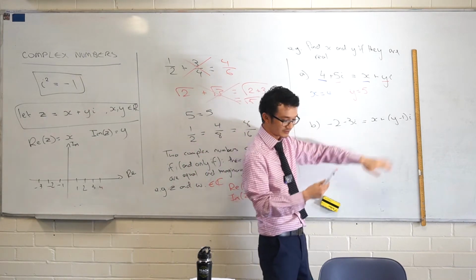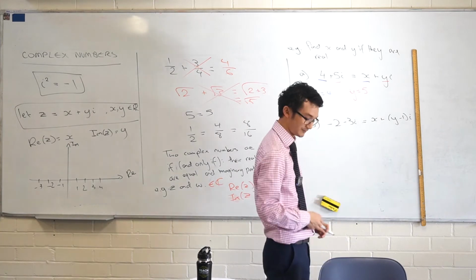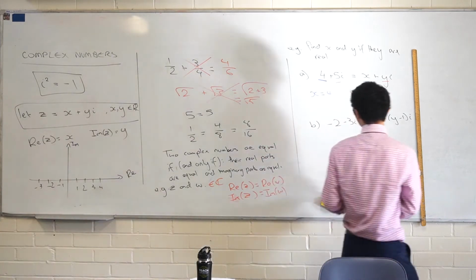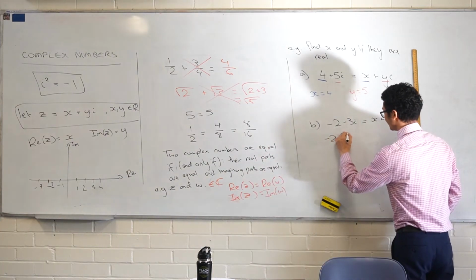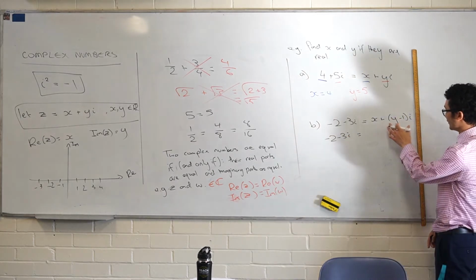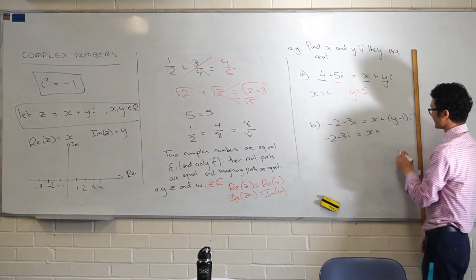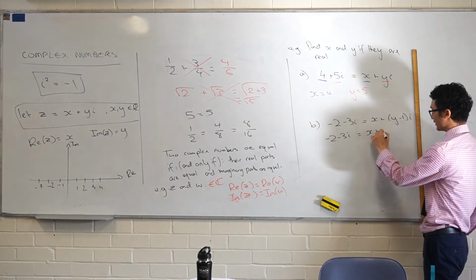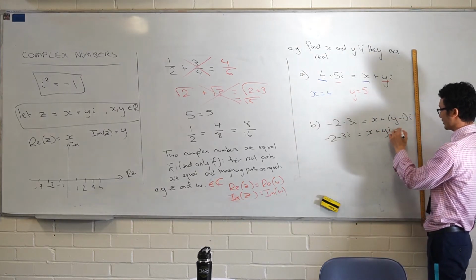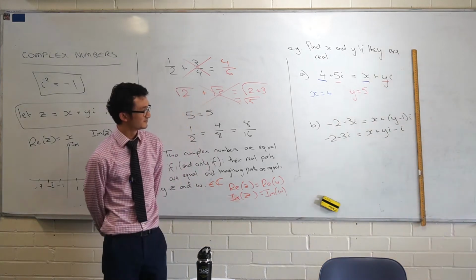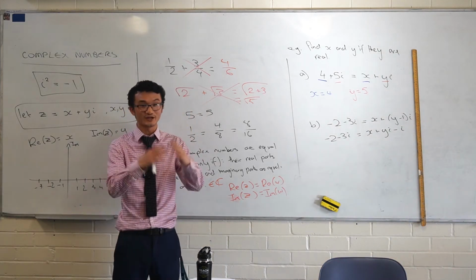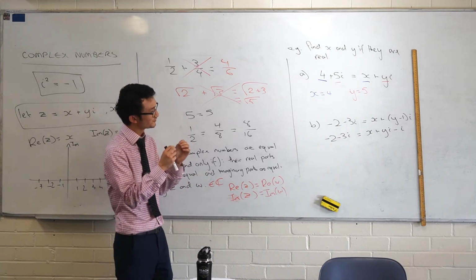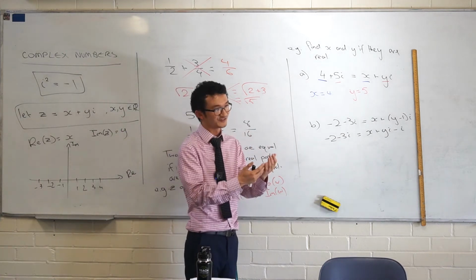So with this one over here, let's expand it out first before we do anything. Let's multiply it out, treating it like your normal expansions. We'll get yi minus i. Can you add it to the other side? Right, these are just equations, with the goal of identifying what the values for X and Y are.